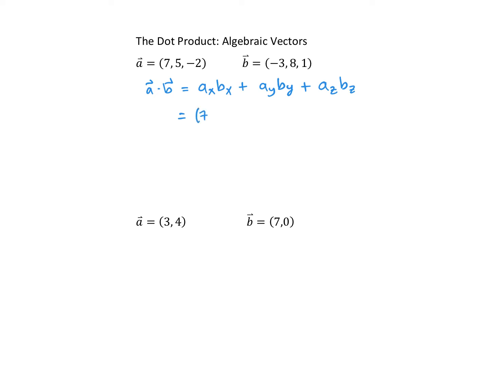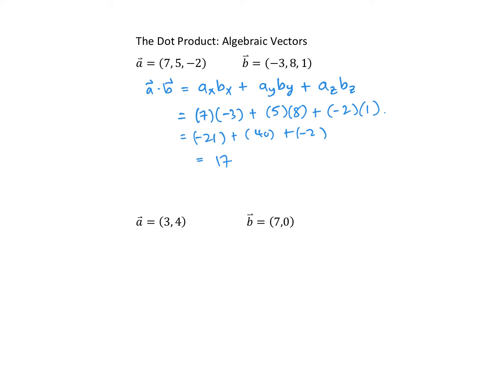So this gives us negative 21 plus 40 plus negative 2, which gives us a value of 17.